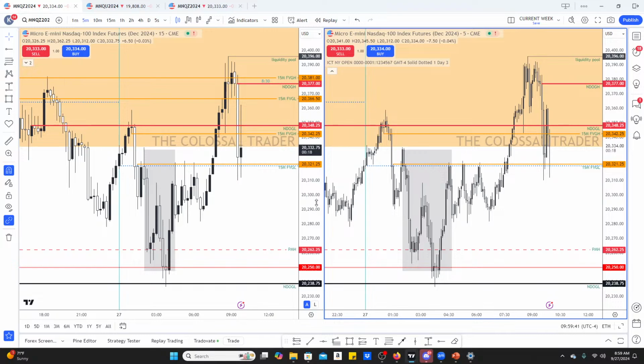So no, it's still refusing. I actually want to see these lows get taken out right here. But it's refusing on a 15-minute time frame to close outside this.